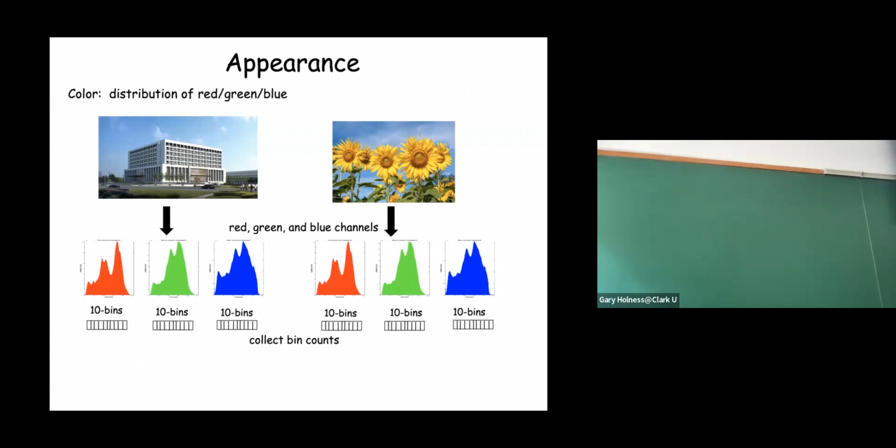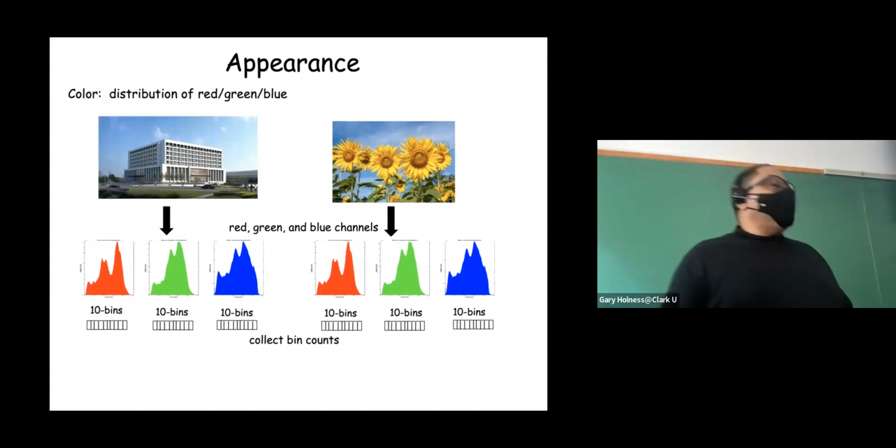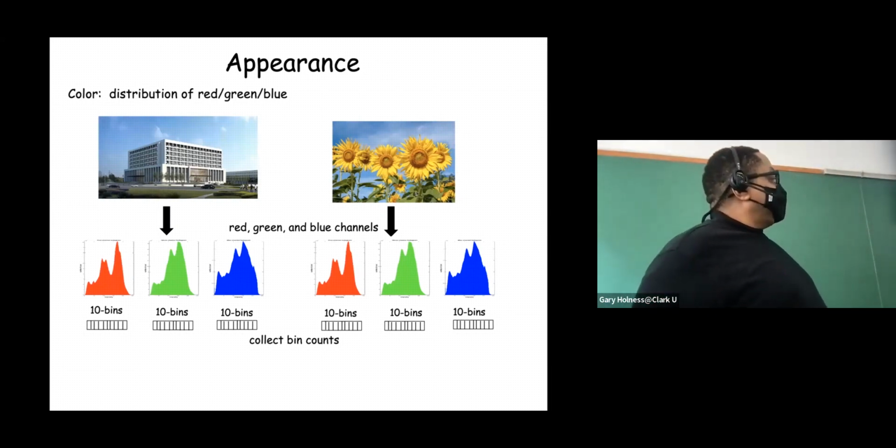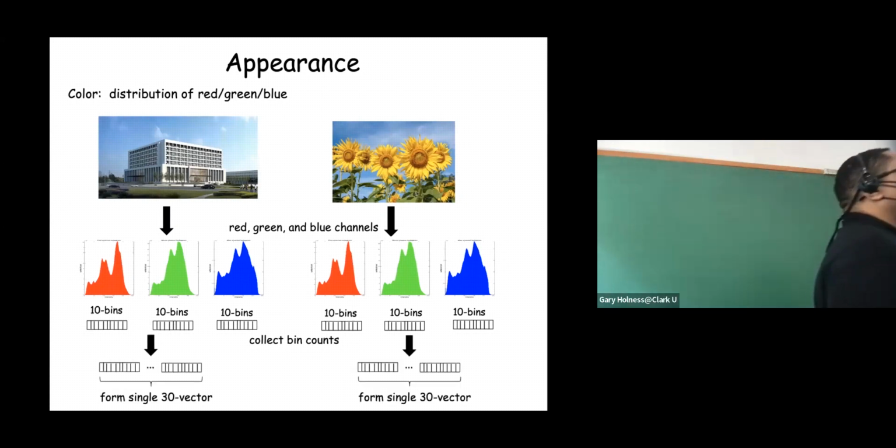So in this case, for the building image, we know the colors are different from the sunflower field image. So then we take the 30 bins, 10 each of red, green, and blue for the respective histograms, and we concatenate them to make a 30-vector. And that 30-vector for the building is going to represent the building content in 30 dimensions.